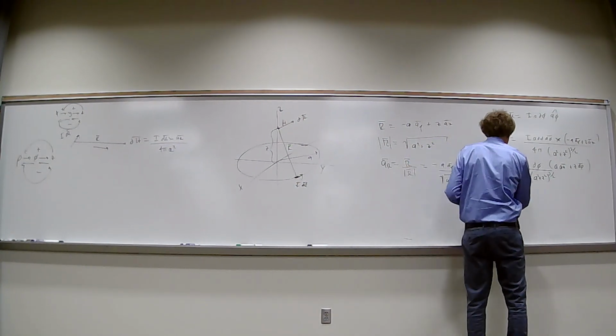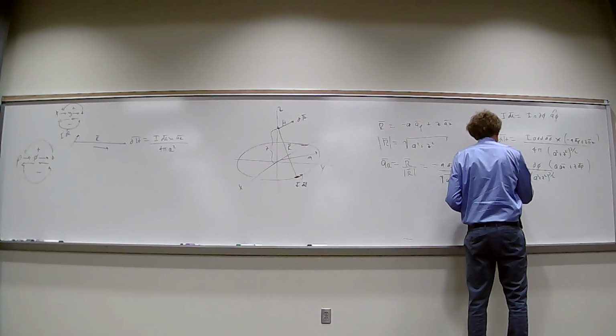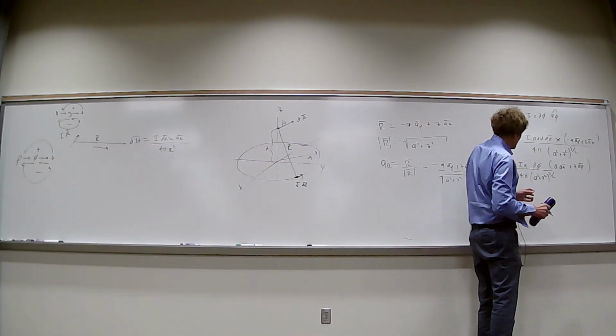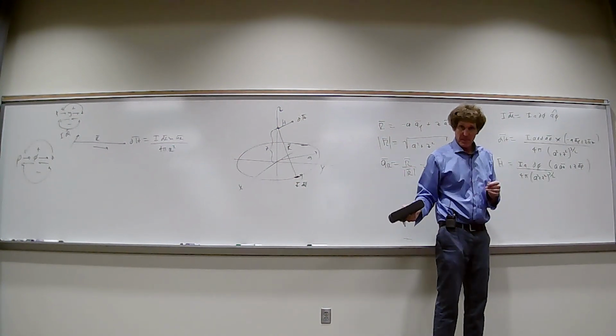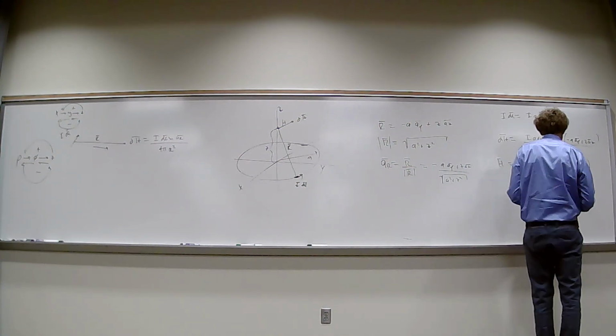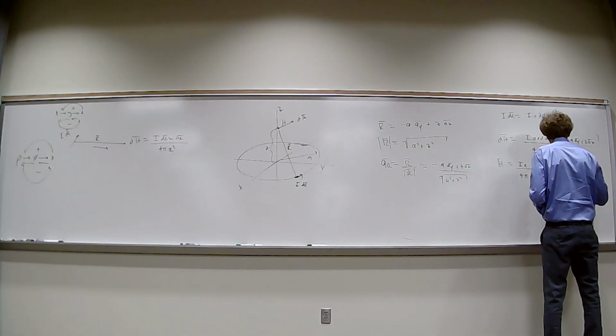I'm going to do it. You're going to have H equal the integral of that. Now, you can see the a squared and z squared does not depend on φ. So it's really these two things. I'm going to rewrite this because I want you to see this.